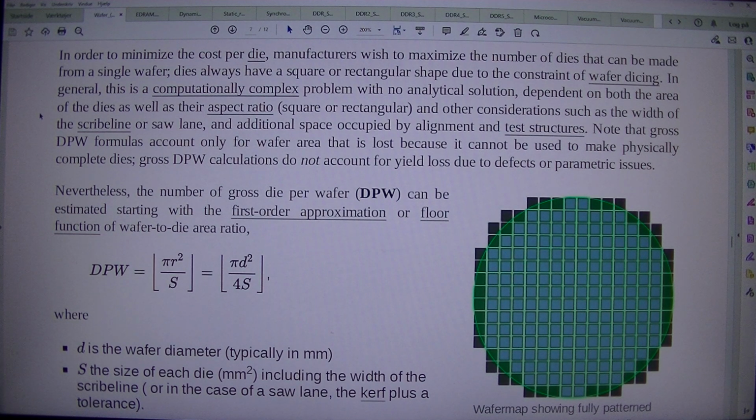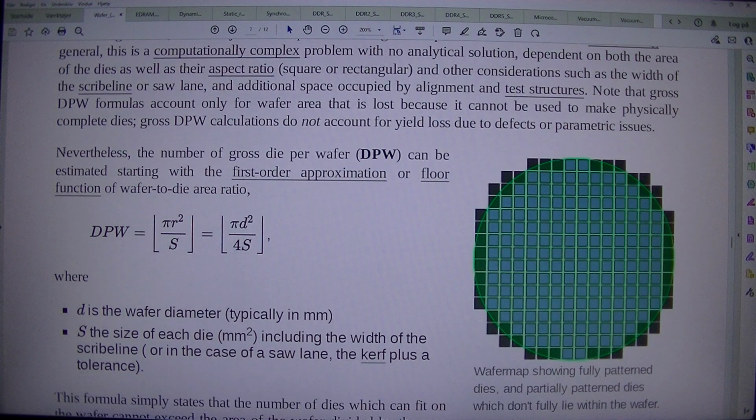Note that gross DPW formulas account only for wafer area that is lost because it cannot be used to make physically complete dies. Gross DPW calculations do not account for yield loss due to defects or parametric issues. Wafer maps showing fully patterned dies and partially patterned dies which don't fully lie within the wafer.